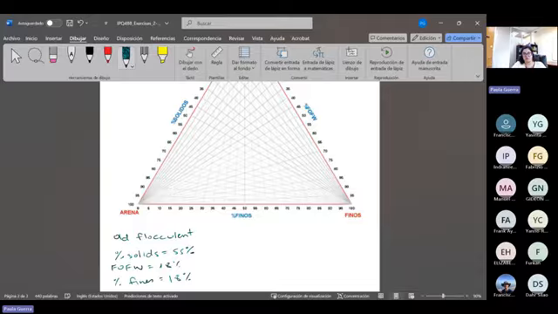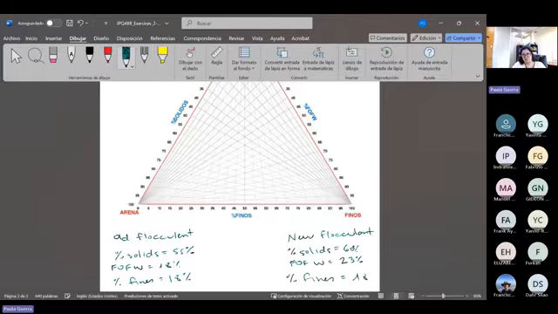And as for the new flocculant, percentage of solids is 60, the FOFW is 23, and the percentage of fines is 18%.